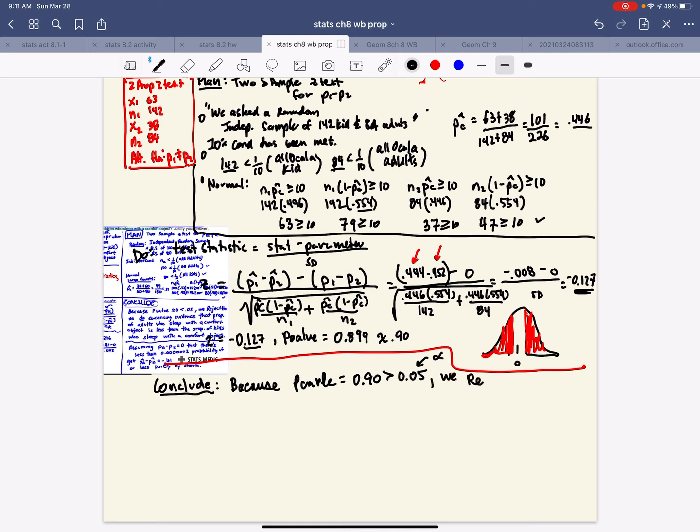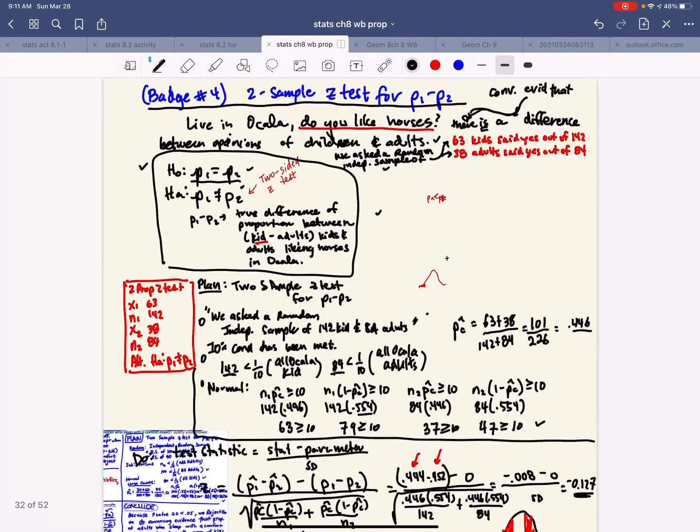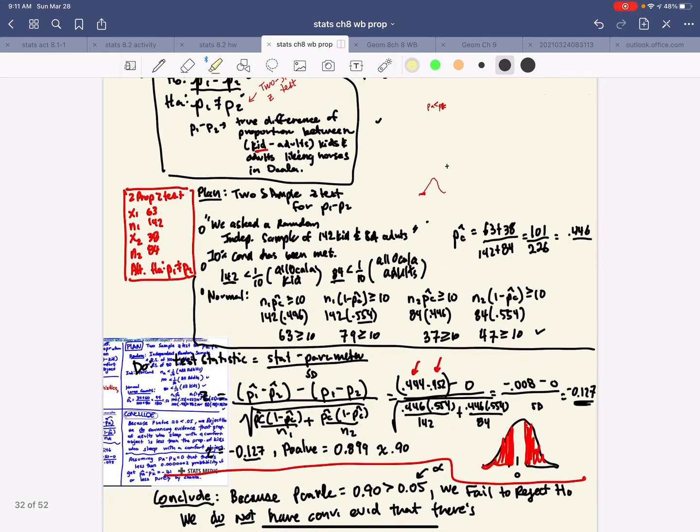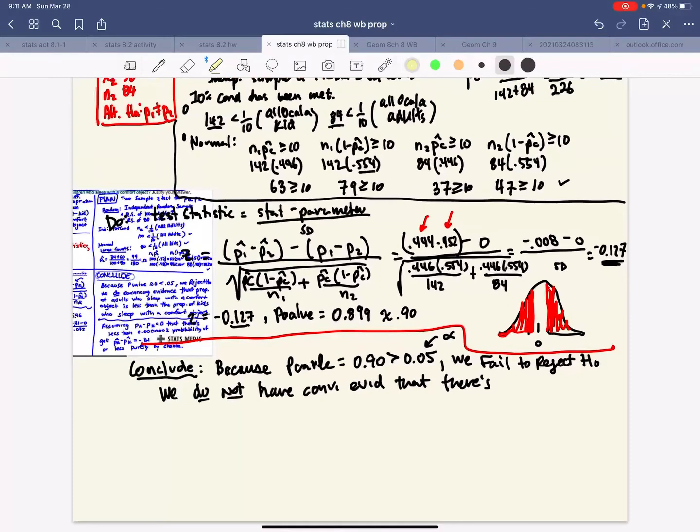We have to fail to reject the null hypothesis. We do not have convincing evidence, we go right up to our problem, that there's a difference between opinions of children and adults about horses in Ocala.